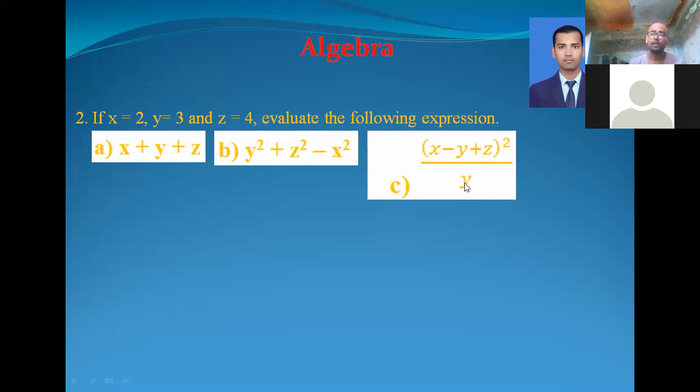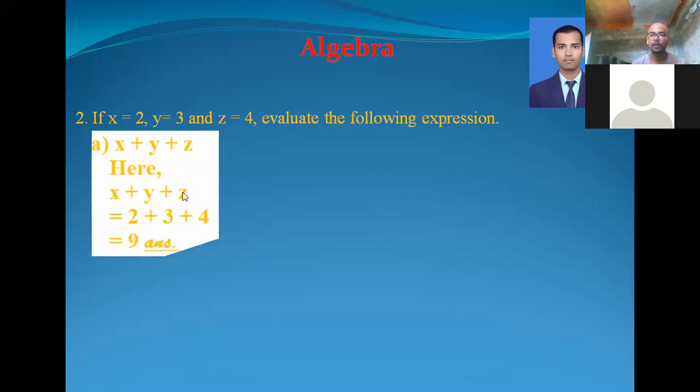So let's learn how to solve the first question by using the values of x, y, and z. We have the question x plus y plus z, where the value of x is 2, the value of y is 3, and the value of z is 4.